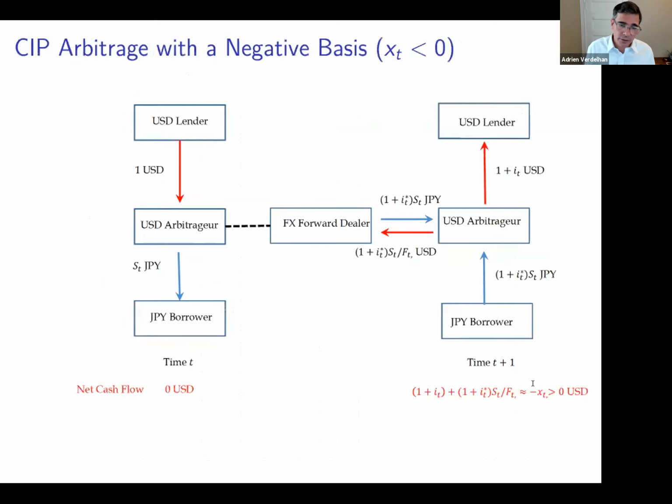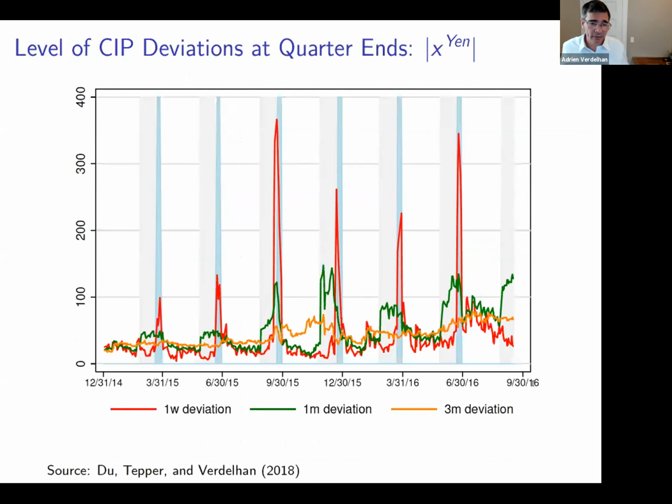Okay. So I can tell you what I know about this, and this is my take on it. There are other reasons. The other reason for why this CIP deviation exists, and this is just one of them, but I think it's part of the story, is about what the banks are doing, and why the banks today are not the same as the banks before the crisis.